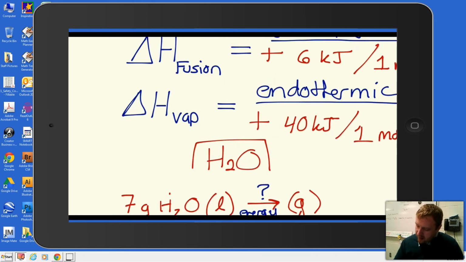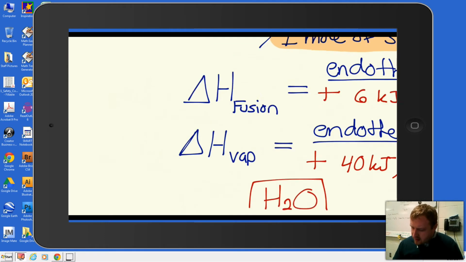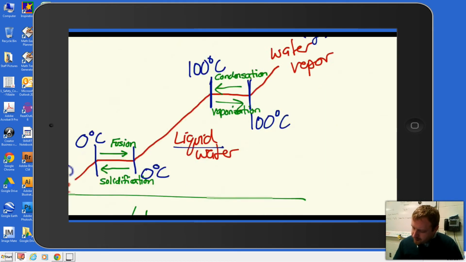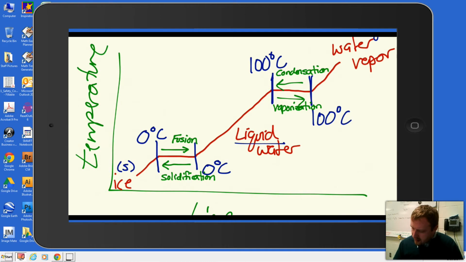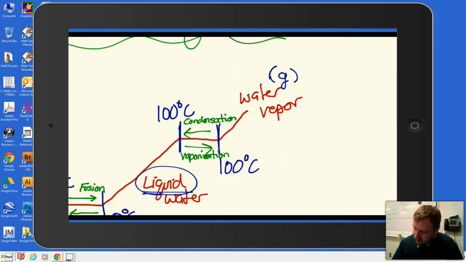I go back up here and I have delta H fusion and delta H vaporization, but I'm a little unsure as to which one goes from liquid to gas. So I go back to my phase chart and I say, okay, here's the liquid, and here's the gas. So I'm going from here to here, so that would be vaporization.